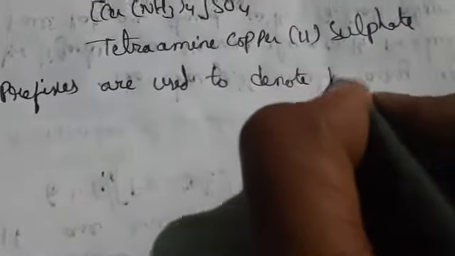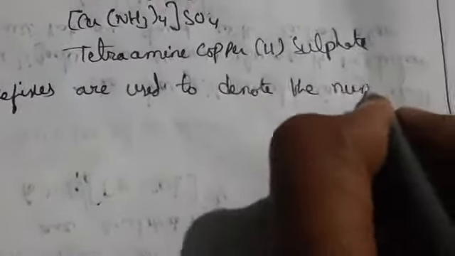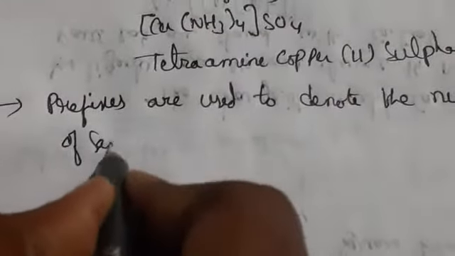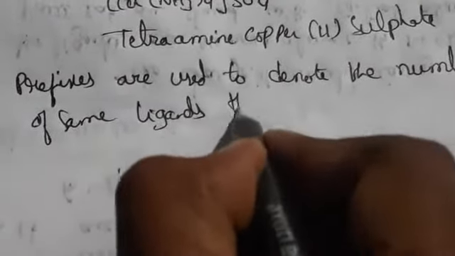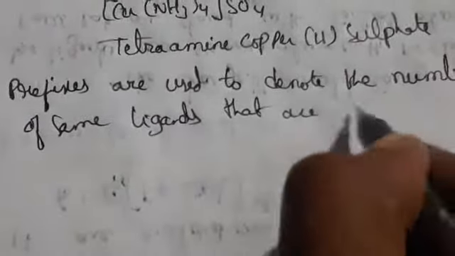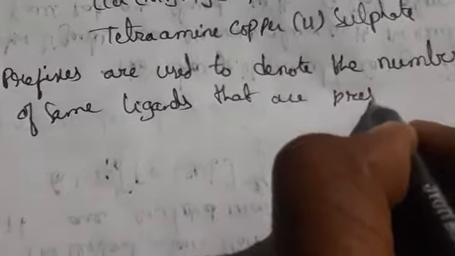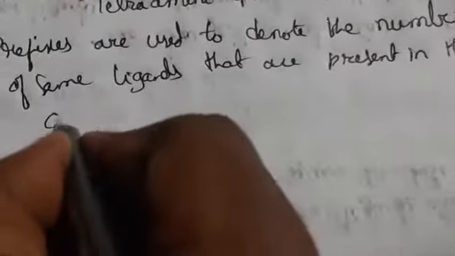Prefixes are used to denote the number of same ligands that are present in the coordination sphere.